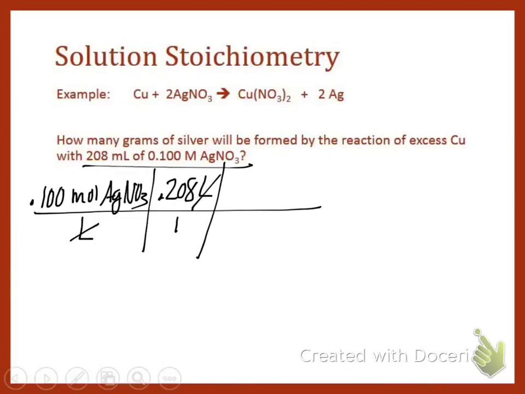So I'm already in moles, so what can I go straight into? Mole ratio, because every stoichiometry problem needs a mole ratio. Okay? So from the balanced equation, I have 2 moles of silver nitrate, which will yield 2 moles of silver.